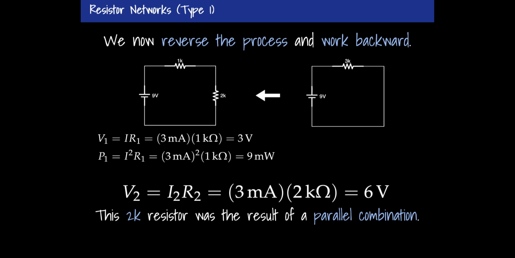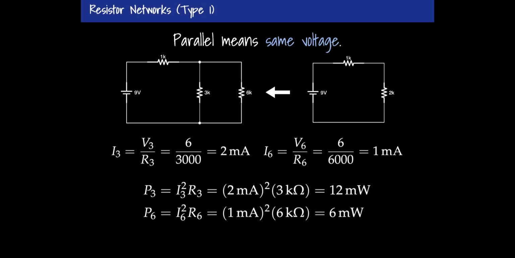But the voltage on this 2K resistor is 6 volts, and it was a parallel combination. So when I take another step backwards, leading me to the real circuit that I started with, I discover that, because parallel means same voltage, this 3K resistor has a voltage of 6 volts, and this 6K resistor has a voltage of 6 volts. Since I know the 3K has a voltage of 6 volts, I can figure some stuff out.